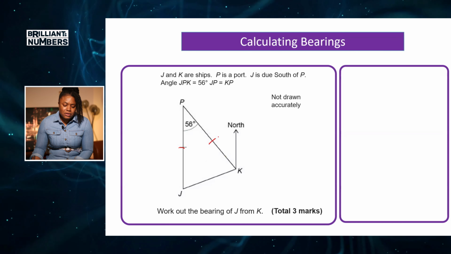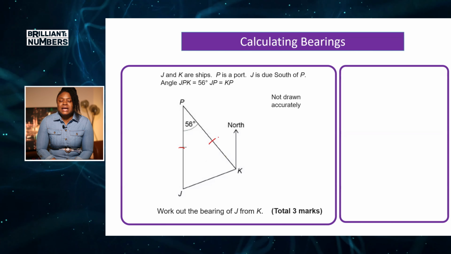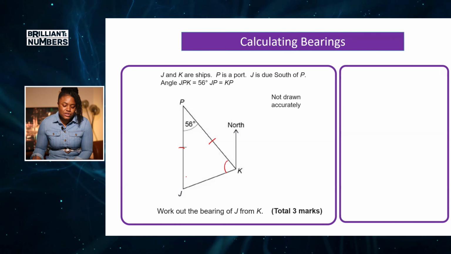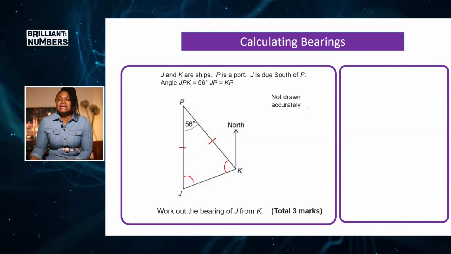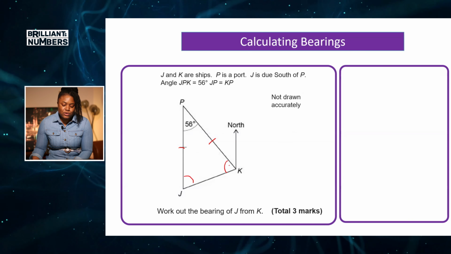So we are going to focus on the fact that we have an isosceles triangle here. And the question itself told us that because it said that JP is equal to KP. We know that the angles at the base of an isosceles triangle will be equal, so we can find out what is the size of one of those angles there.